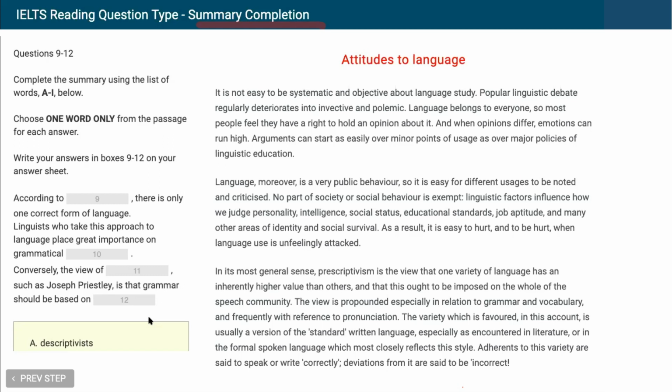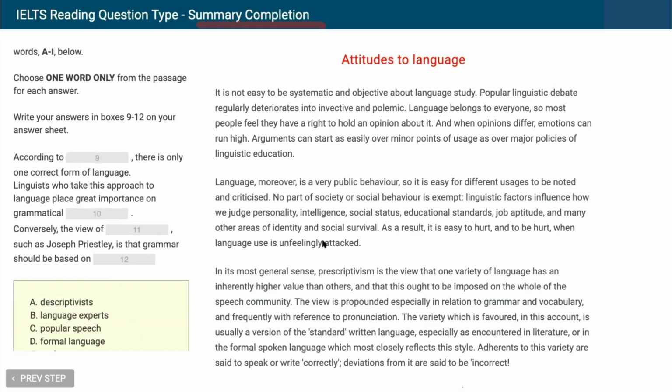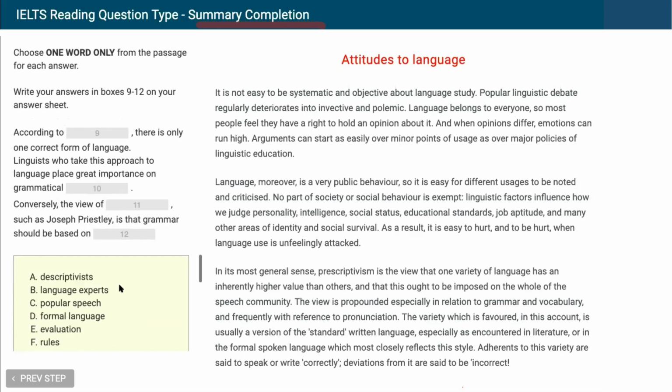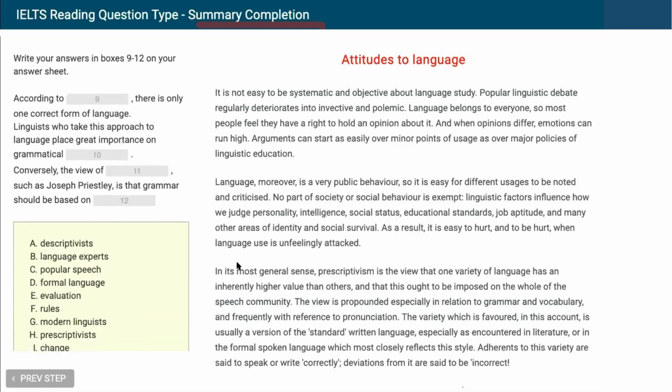So for example, one of these may seem like the obvious answer to a given gap. However, with a closer reading and with a better scanning technique, we might find that that's not the case. Keep in mind that most correct answers will be synonyms rather than an exact word from this text here. So just keep that in mind.